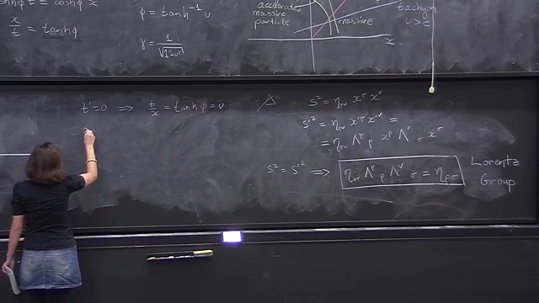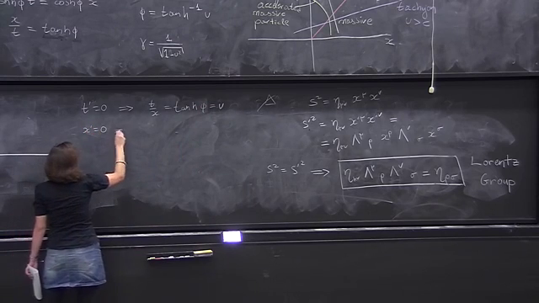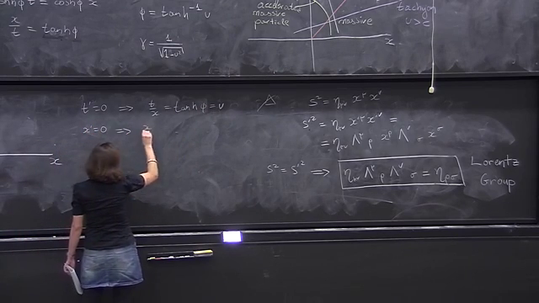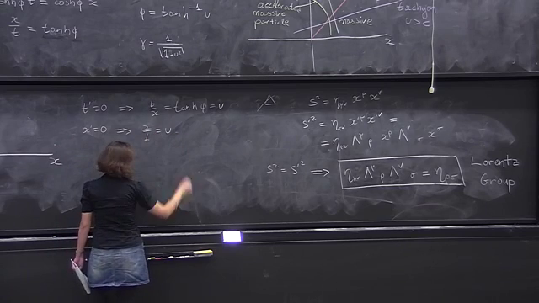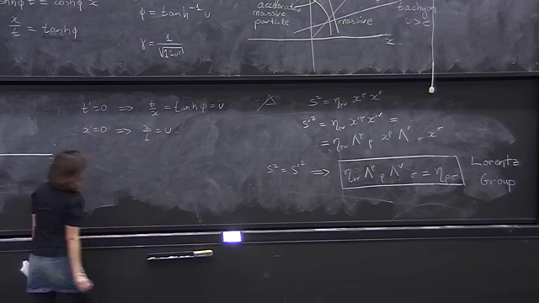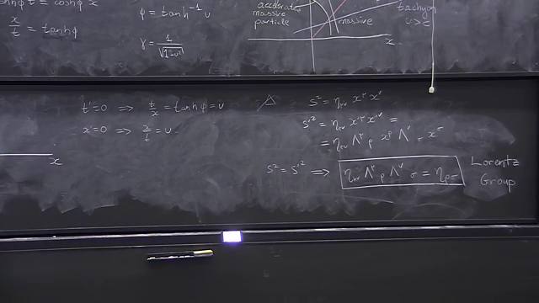And if I set x prime equals 0, I get x over t equals v. Which means that my new x-axis will be somewhere here, and my new t-axis will be somewhere here.